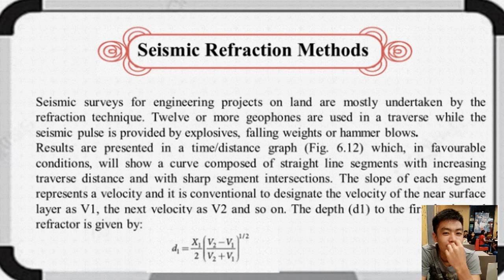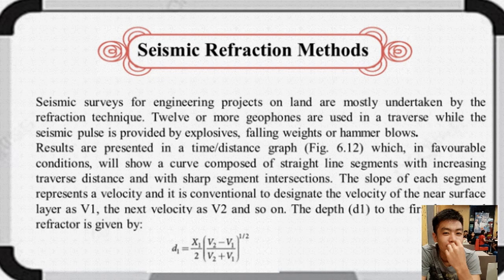Results are presented in a time over distance graph, which in favorable conditions will show a curve composed of straight line segments with increasing traverse distance and with sharp segment intersections. The slope of each segment represents a velocity, and it's conventional to designate the velocity of the near surface layer as V1, the next velocity as V2, and so on.